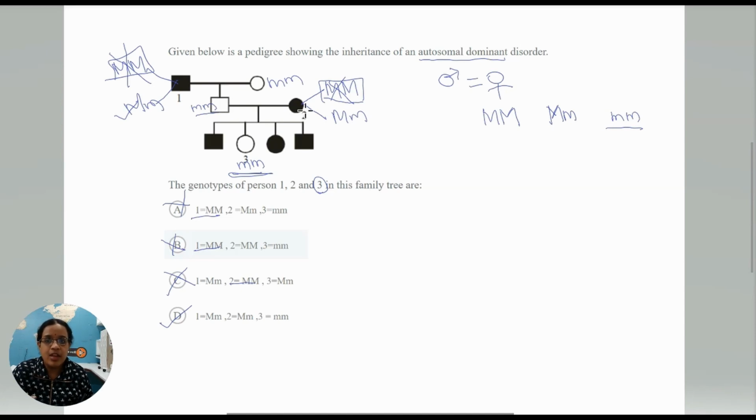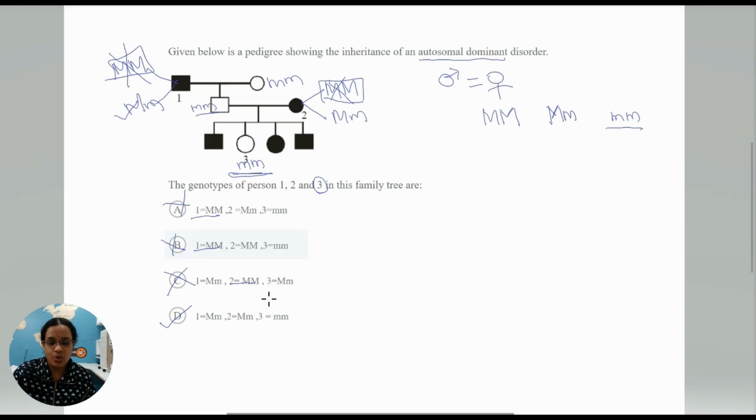In the same way, in the second cross you will have heterozygous for this person too, and the progeny will be free from the disease in such a cross. So our option D is right. In this way, without wasting any time, without drawing the whole checkerboard analysis, you can just come to the conclusion and get to the right answer.